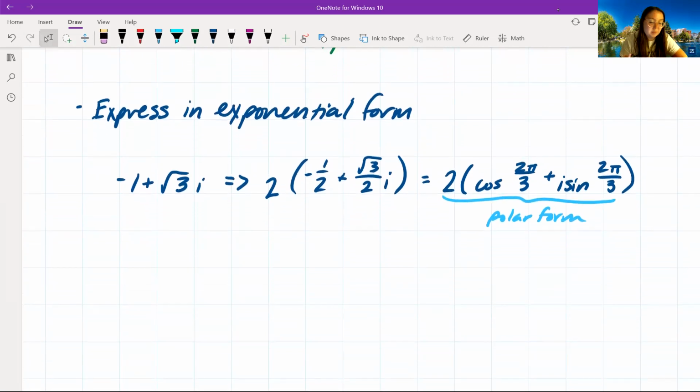So since we now have it in polar form, we can put it in our exponential form, which is now just going to be 2 times e to the power of i times 2 pi over 3. It's our exponential form.